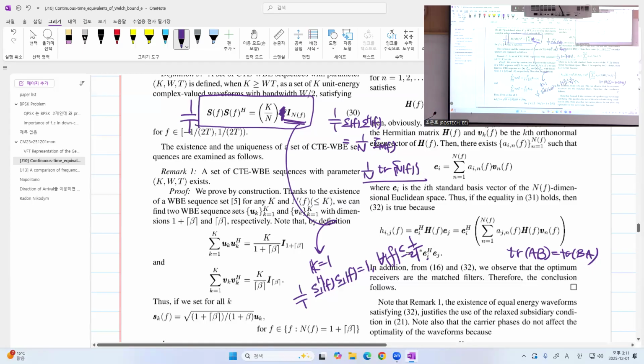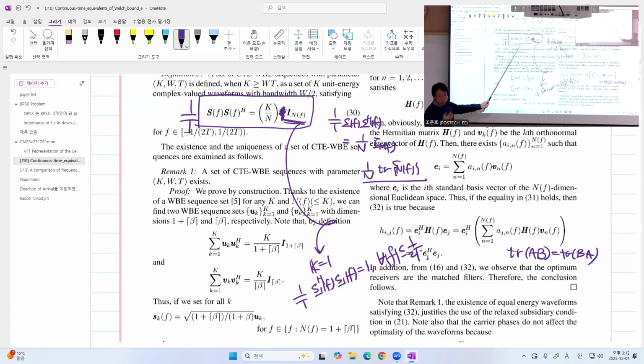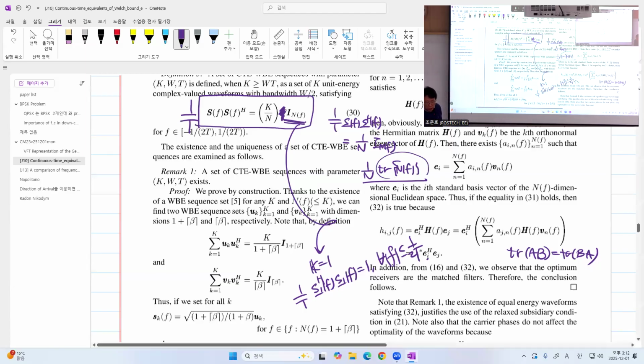And if I remember correctly, this result allows only when WT product is less than or equal to 1, right? So if I remember correctly, this N of F is always 1. So this becomes, let me see.